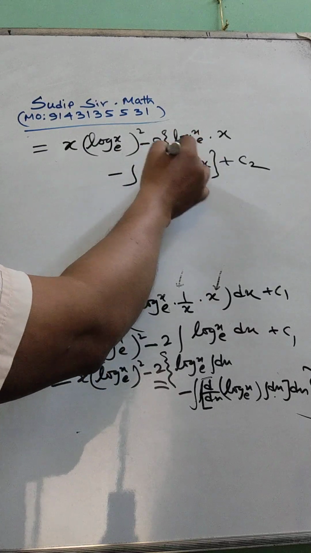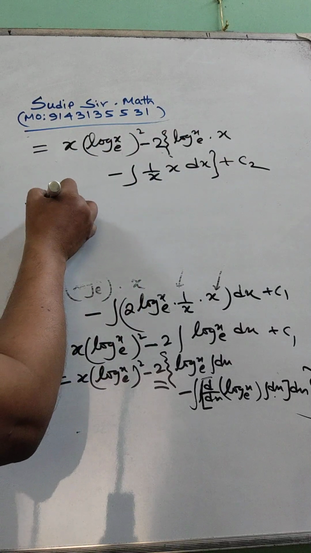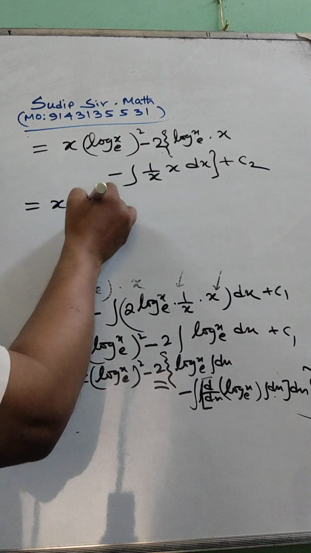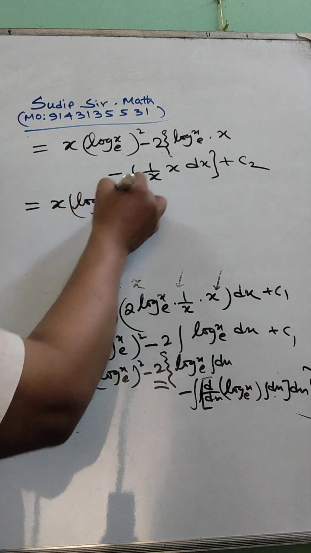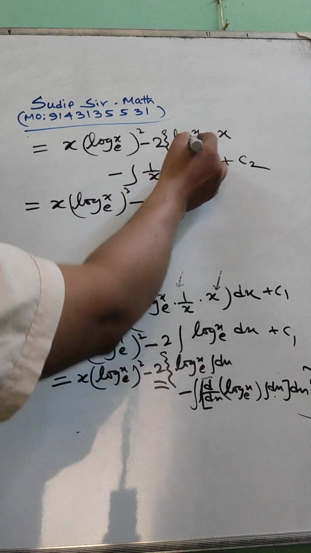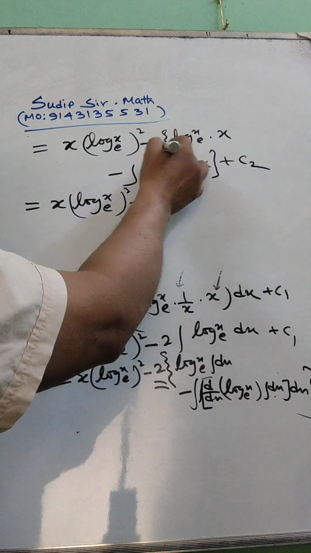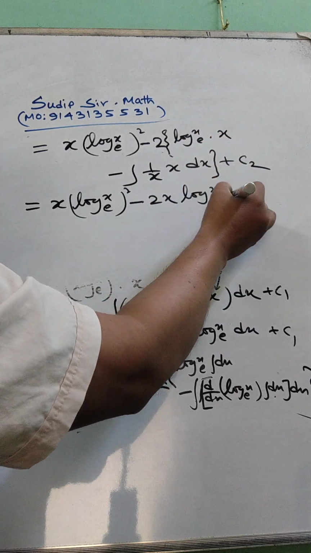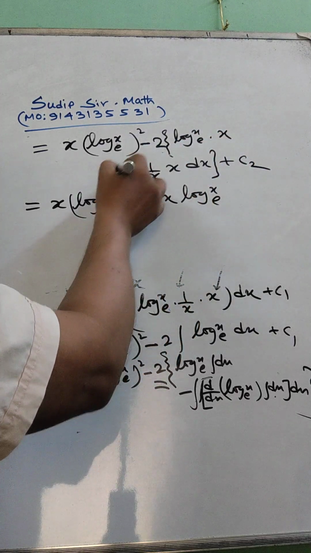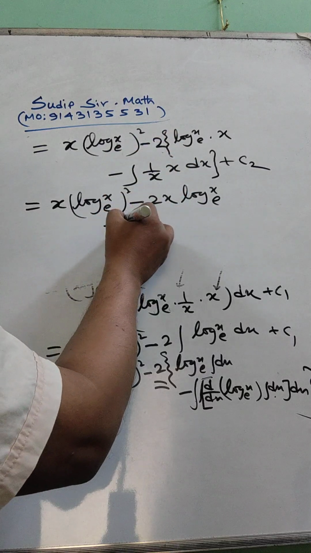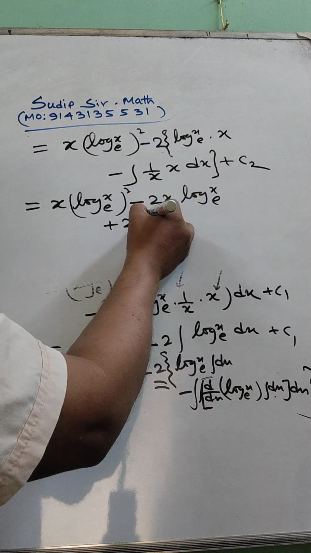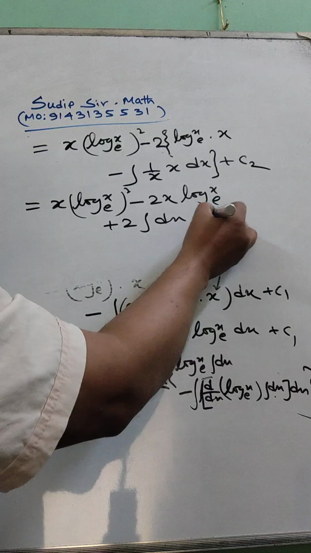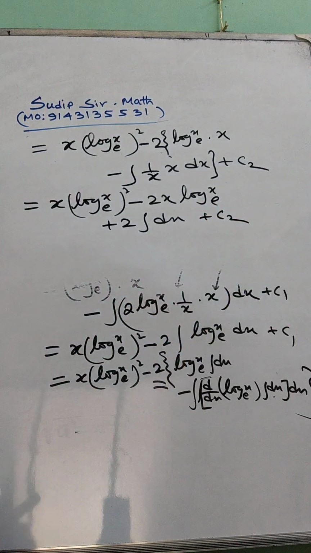Now open this bracket, you will get x (log x base c)² minus 2x log x base c. This will be minus into minus, so plus 2 only integration dx, plus c2.